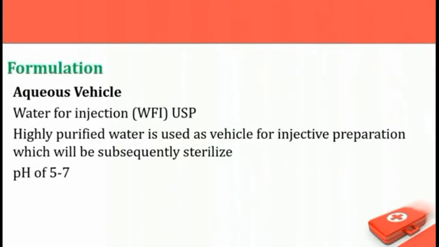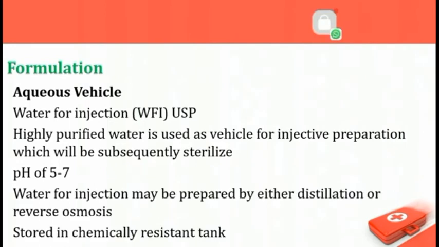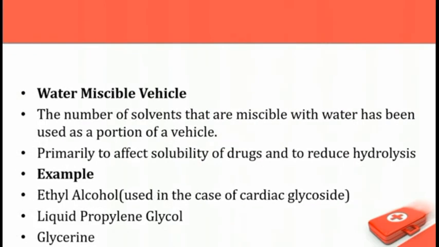Next is nordihydroguaiaretic acid, NDGA, and tocopherols, whose usual concentration is 0.005 to 0.02%. These are all used for the oily systems for the parenterals.